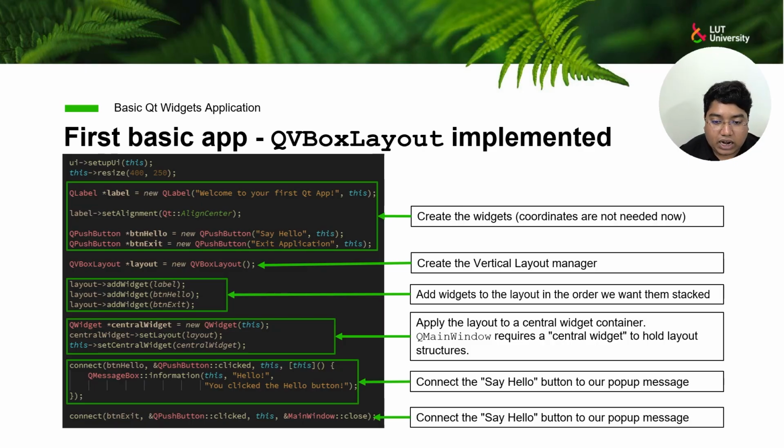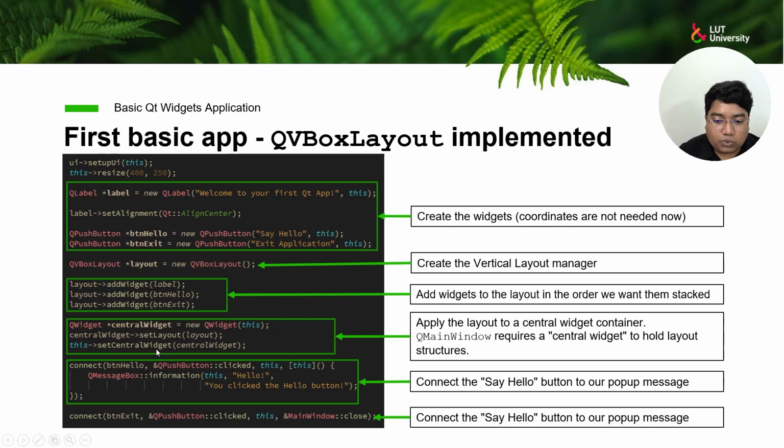Everything is taken care of by the layout manager automatically. Unlike a plain QWidget, a QMainWindow cannot directly own a layout. Instead, we create a central widget, apply the layout to it, and then tell the main window to use that widget.